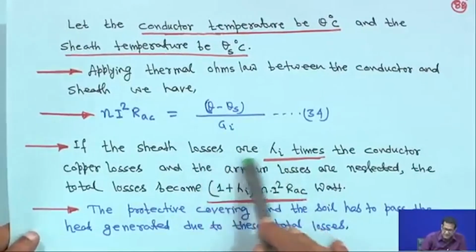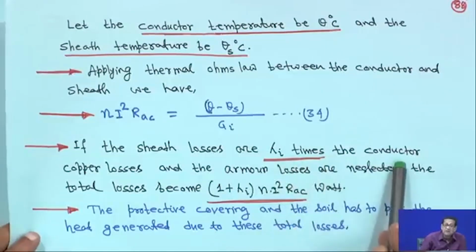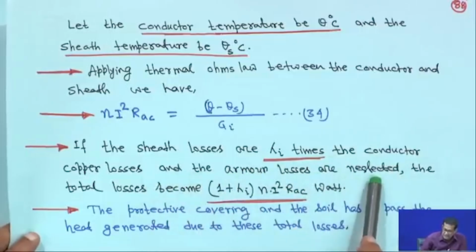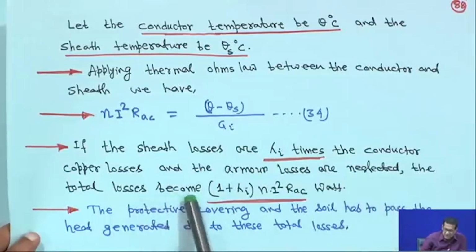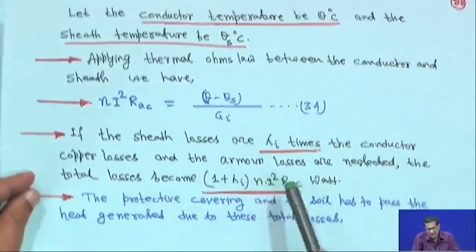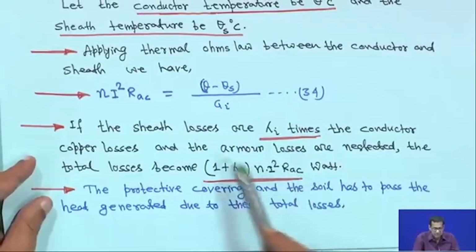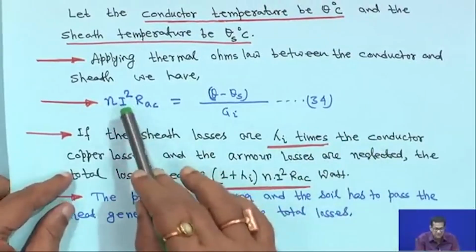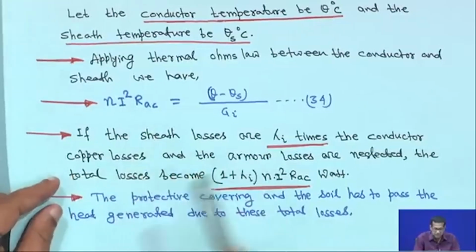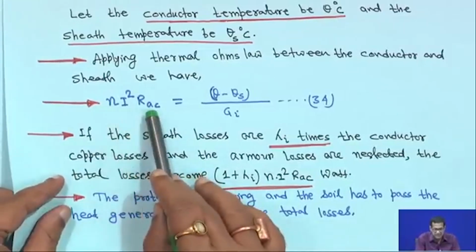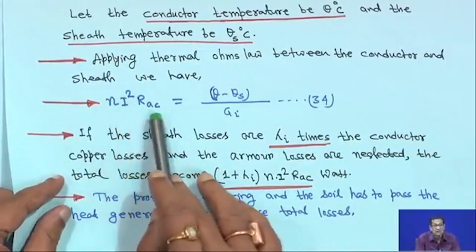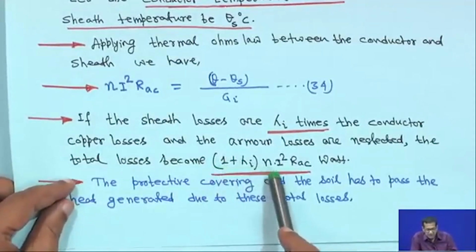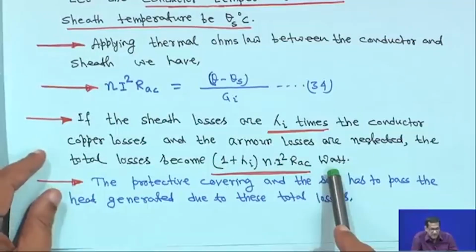Now, if the sheath losses are lambda I times the conductor copper losses, and the armor losses are neglected, the total losses become n I square RAC plus lambda I times n I square RAC. So, that is why it is written as 1 plus lambda I, n I square RAC watt.